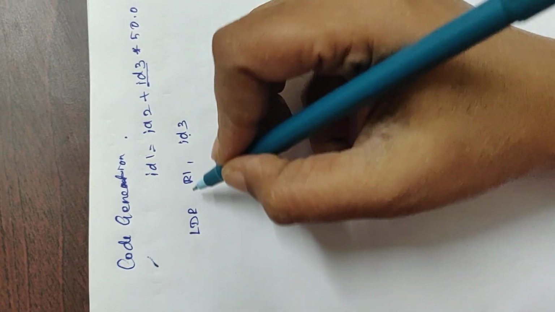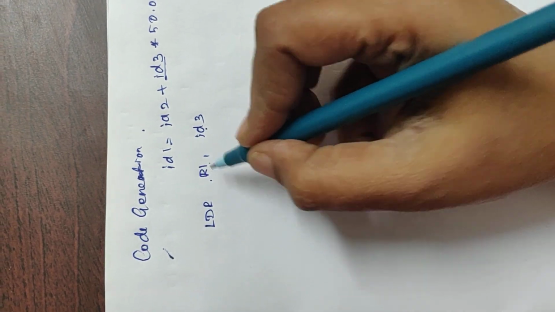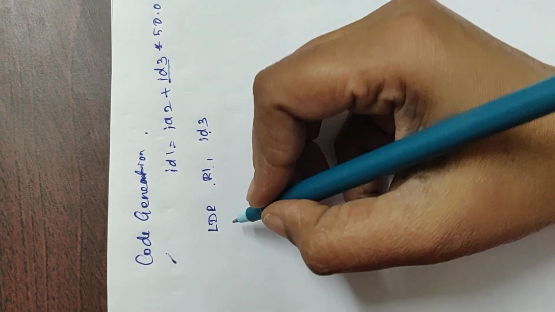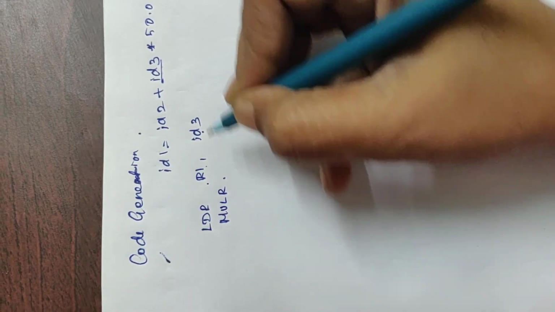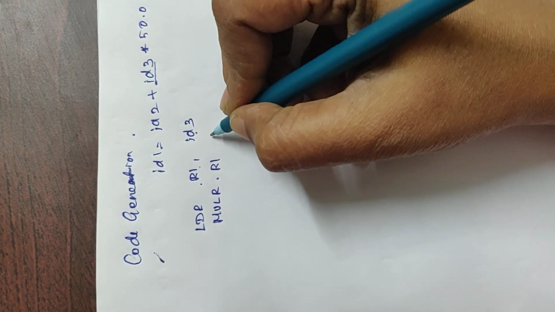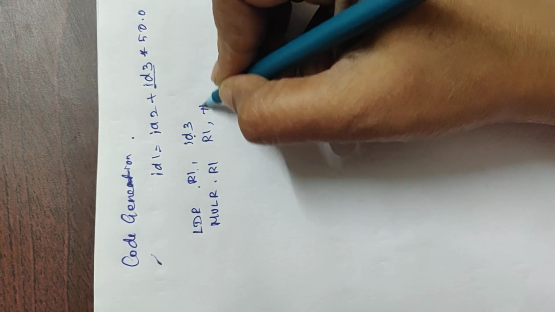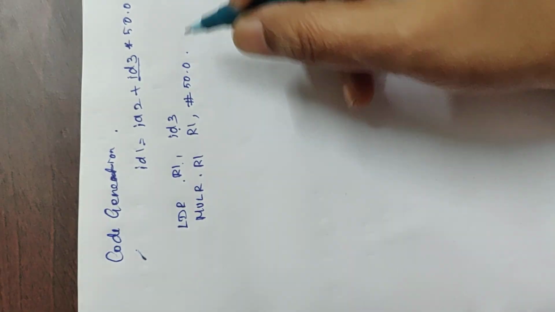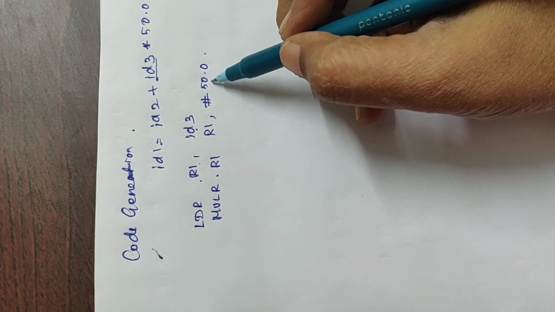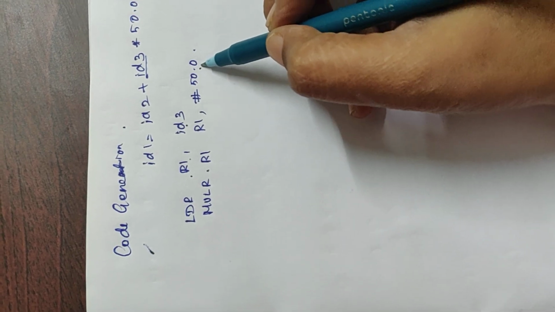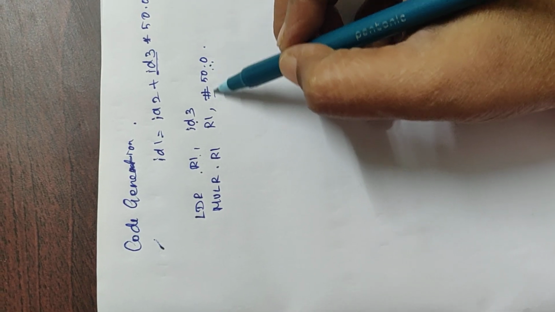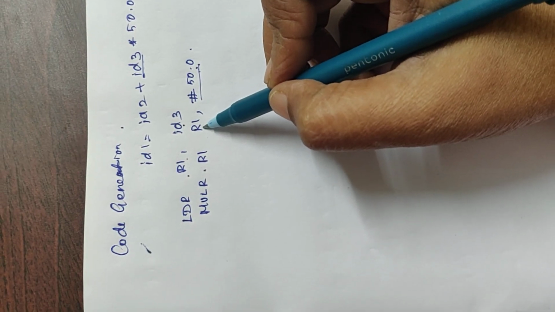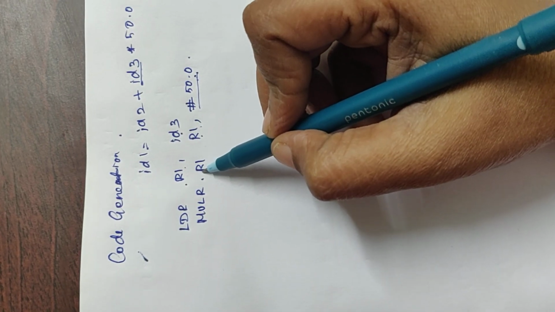This id3 will be getting loaded into R1. Now I need to multiply. So MUL R1 comma R1 comma 50.0. It is an immediate variable, a constant, and I am loading it directly. That will get multiplied with the content of R1 and that will get stored in R1.